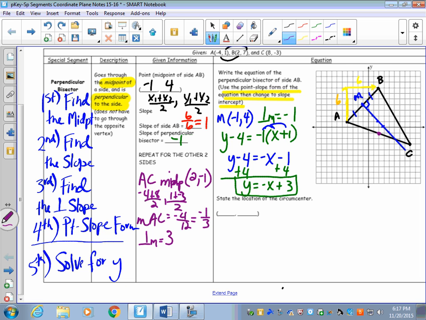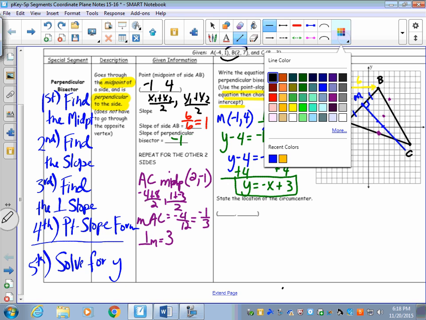So I'm going to now draw my perpendicular bisector to know the point of intersection to get to my circumcenter, because that's the point of concurrency for all three perpendicular bisectors. So I'm going to start at this point. That is my perpendicular bisector, and I'm going to go up 3 to the right 1, and then up 3 to the right 1. I'm using the perpendicular slope again. Let's stick to the purple.